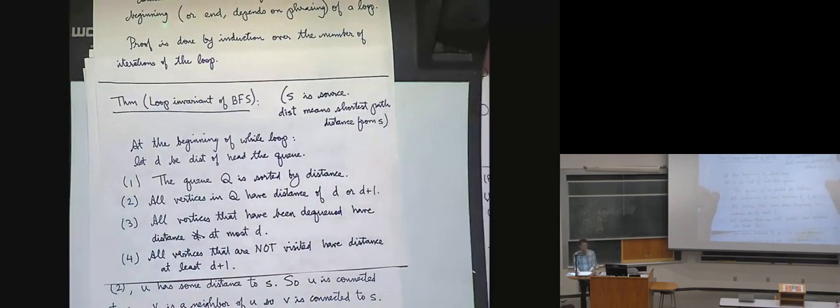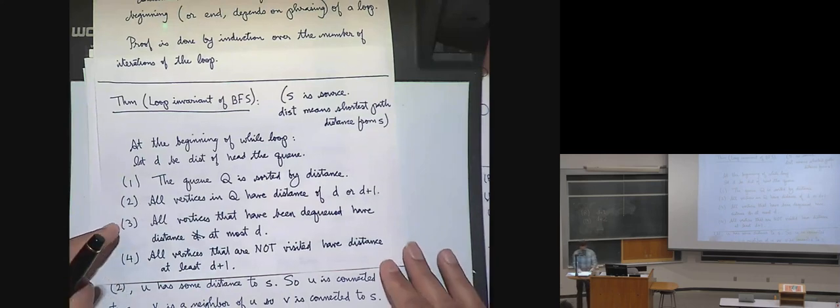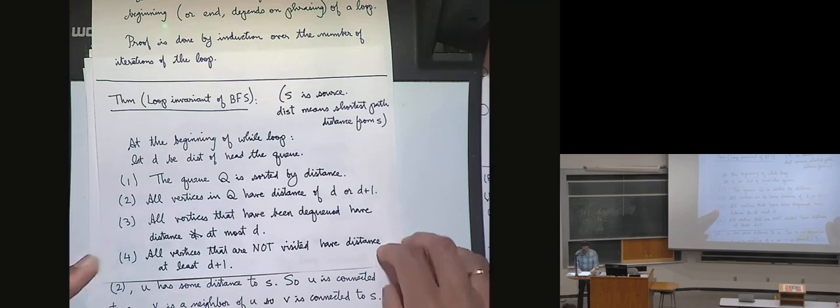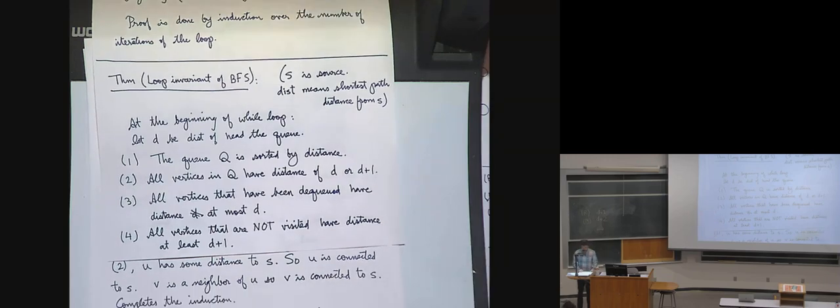With number 3, all the vertices that have been in the queue have distance at least V. So we can start saying that S is the starting point.